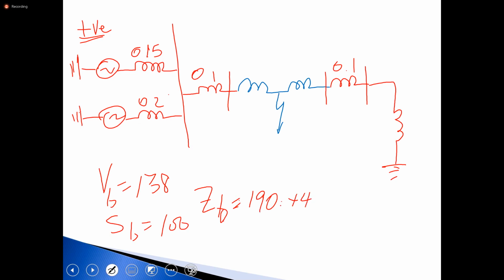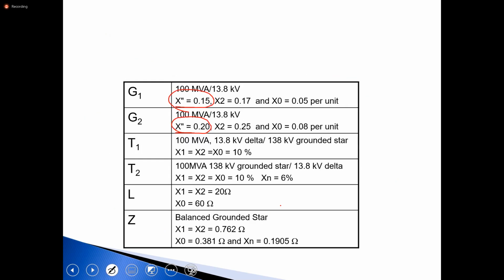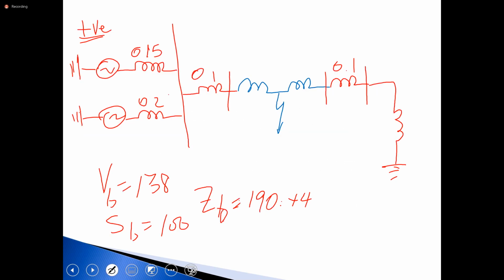So we can find the per unit reactance for the line. It was 20 ohms. So Z per unit for the line would be 20 over 190.4. That gives us 0.10502.